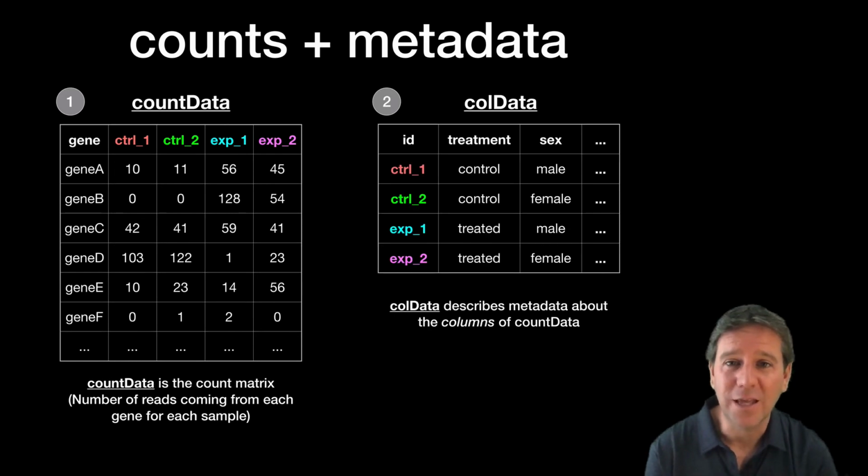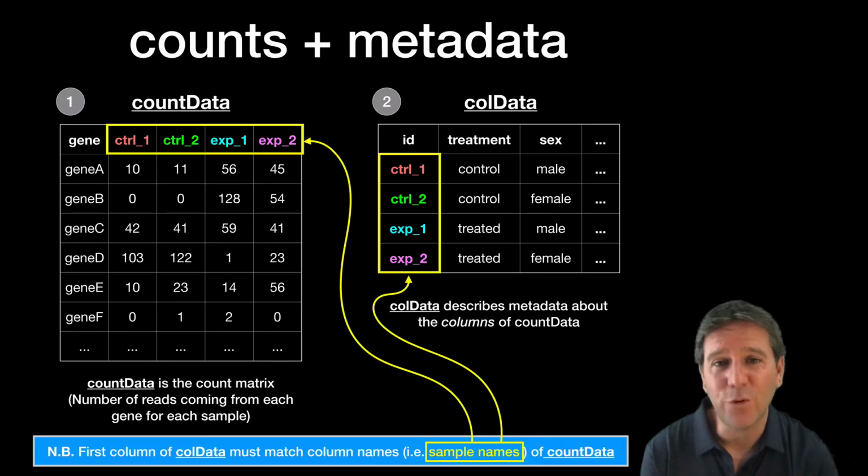And this metadata is a small little table, just like this one here, that describes the columns. Right? It basically tells us about our experimental design setup, which columns in our count data are drug treated, for example, and which are control. Here it is spelled out by this metadata table.